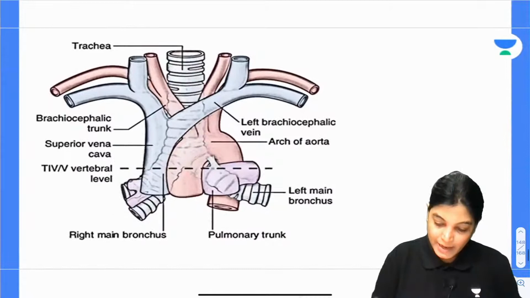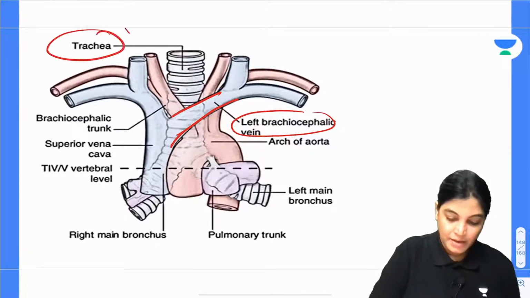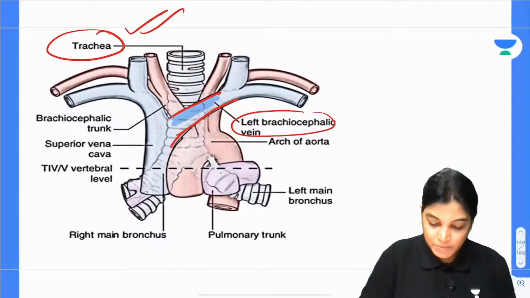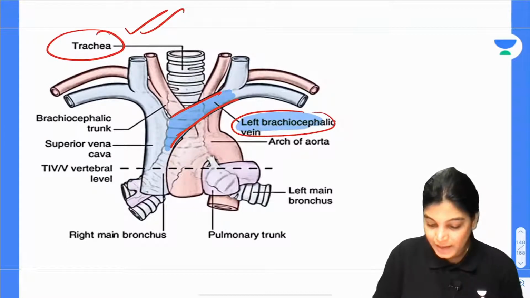See here in this diagram, this is the left brachiocephalic vein, and you can see it is just crossing anterior to the trachea. So the structure damaged here will be the left brachiocephalic vein, which is exactly in the midline.